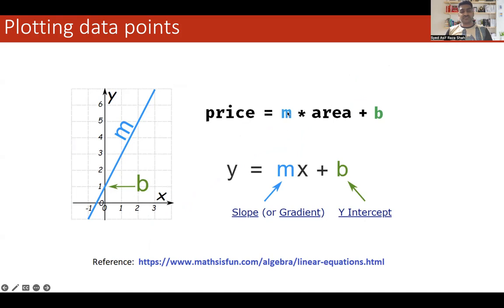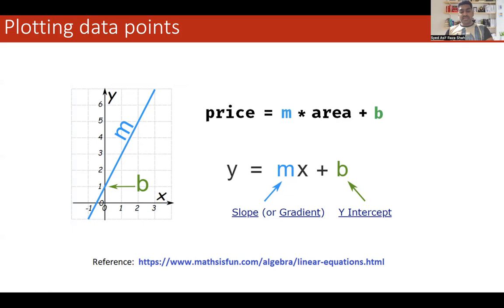And we have to find out what should be the slope and what should be the intercept when we are trying to predict a new price. So by using this linear equation, we can predict. I hope you have an understanding of how we can use this linear equation from your theoretical classes.